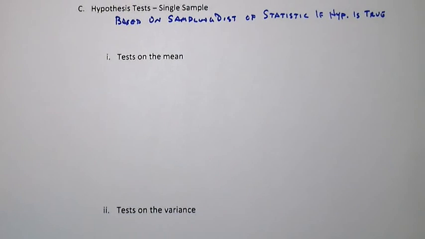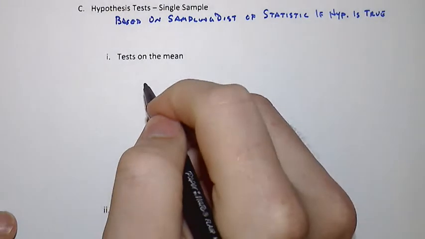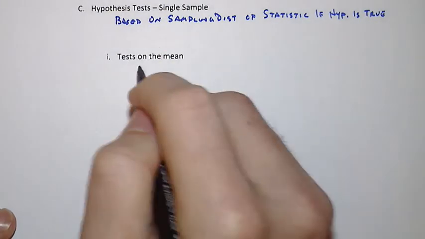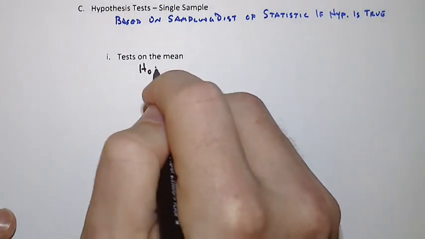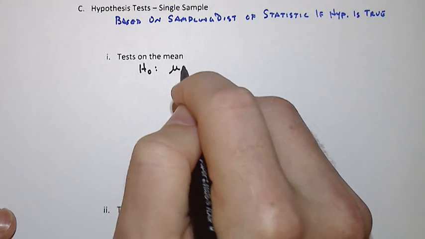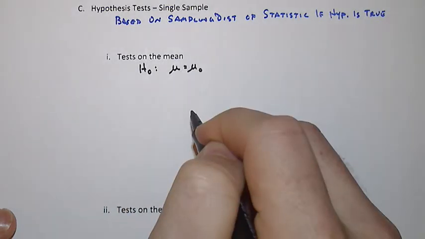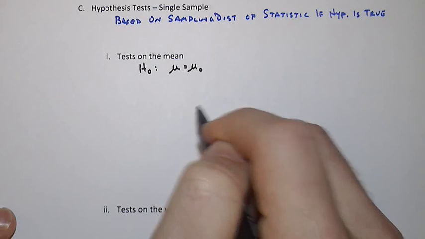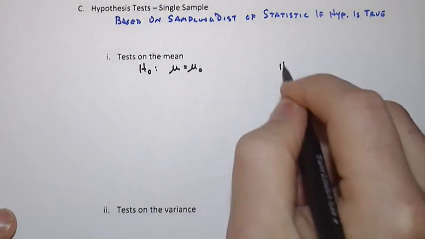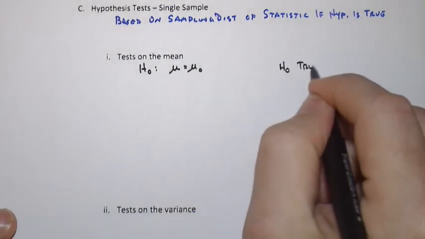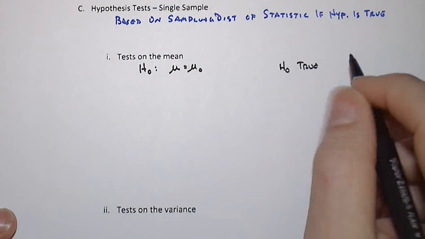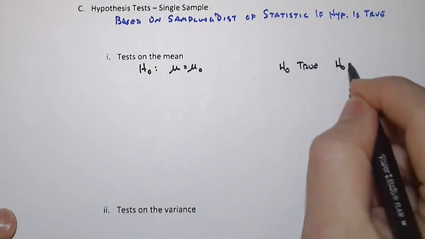And so we had this notion that, say for tests on the mean, we have a null hypothesis that said our true mean was equal to some particular value, call it mu naught. And we had this possibility that our null hypothesis was true, or the null hypothesis was false.